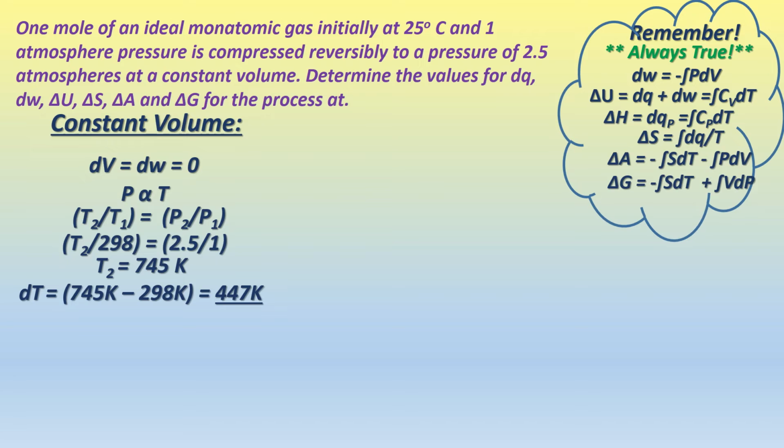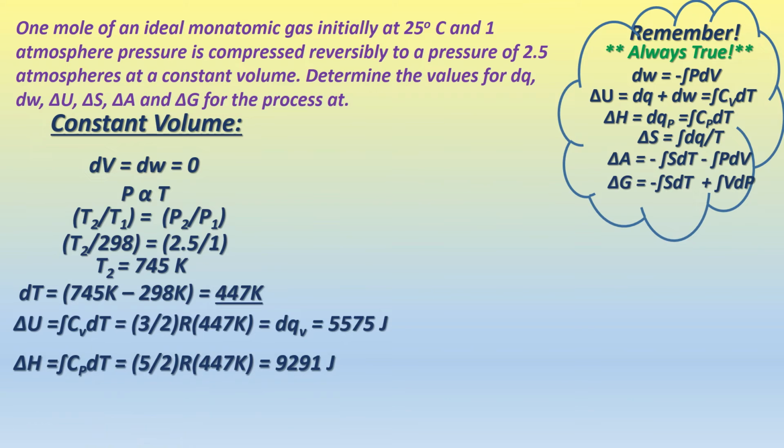Having a change in temperature allows you to find delta U and delta H, because fundamentally they are always defined as delta U being Cv dT, delta H being Cp dT. So given the change in temperature, the internal energy would increase by 5,575 joules.